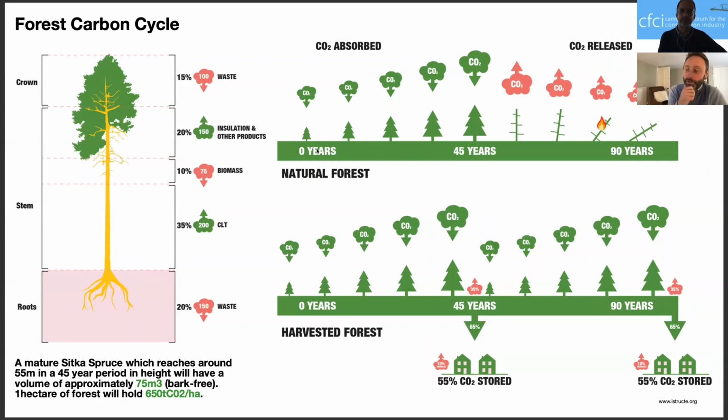We've calculated that we only need one mature tree to build one typical size house, which I'll show in a bit. There is inevitably some waste and some carbon lost, but on the whole, for every tree extracted, we can lock half of the carbon the tree has stored away in a building.